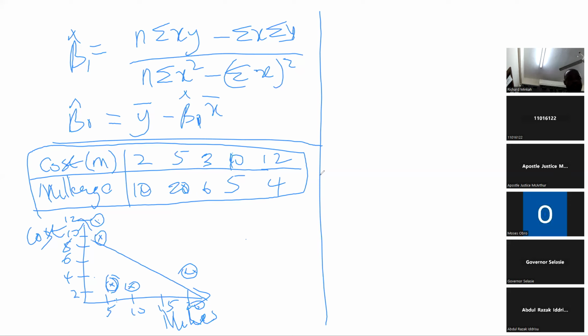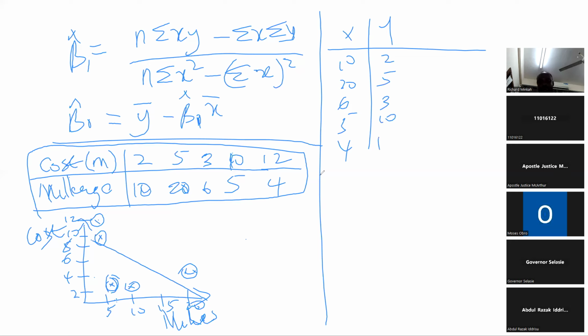Well, we know our X and Y, so you can just start with X, Y. I'm not going to do all this. Your X, you have 10, 20, 6, 5, 4. And over here you have 2, 5, 3, 10, 12. You need XY, so you can multiply X and Y. You need X squared, you can get X squared.